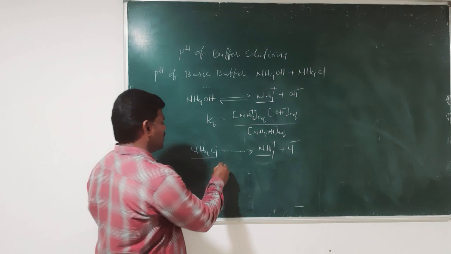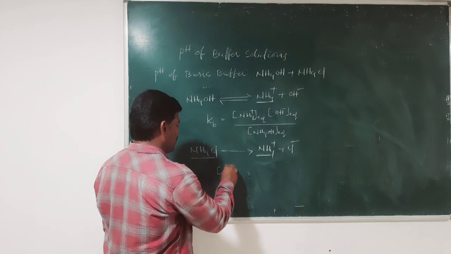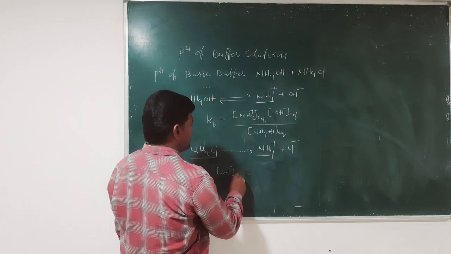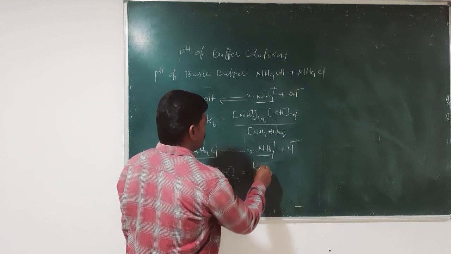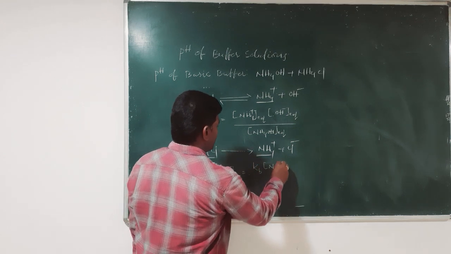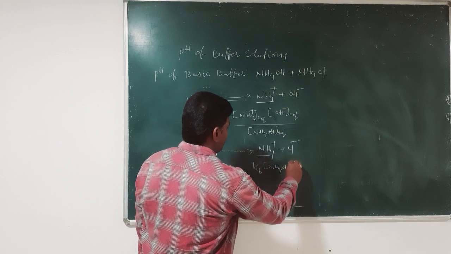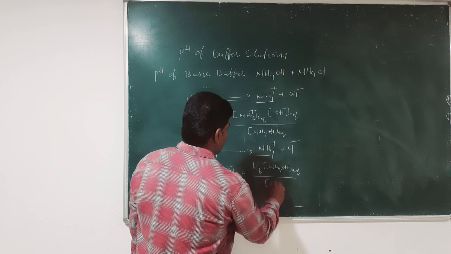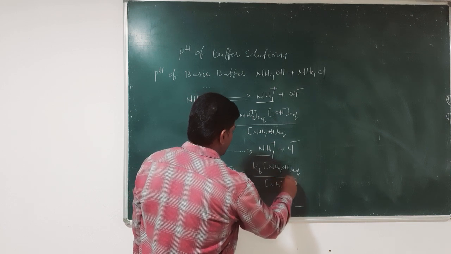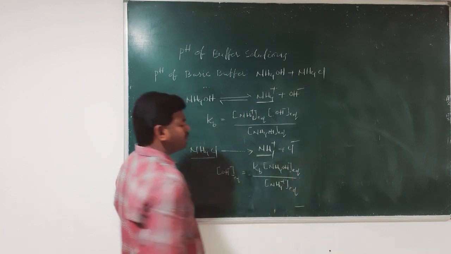So the concentration of OH minus ions at equilibrium is equal to Kb into the concentration of NH4OH at equilibrium by the concentration of NH4 plus at equilibrium.